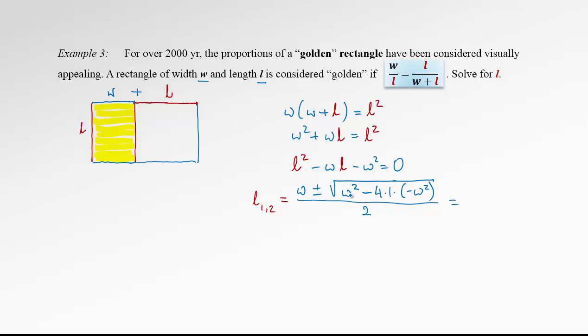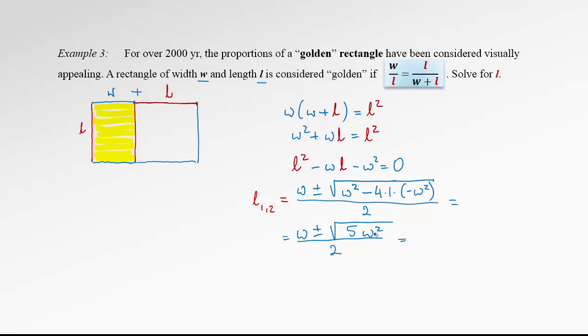Okay, is there anything to simplify within this radicand? Well, yes, there is. This will be plus 4W squared and another W squared, so altogether we really have 5W squared under the root. So we have W plus minus square root of 5W squared, everything over 2.